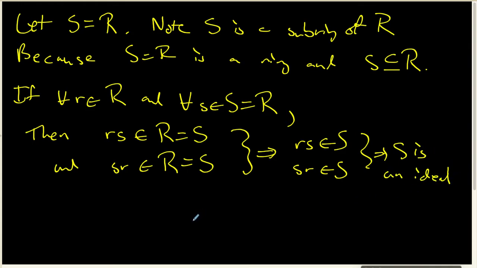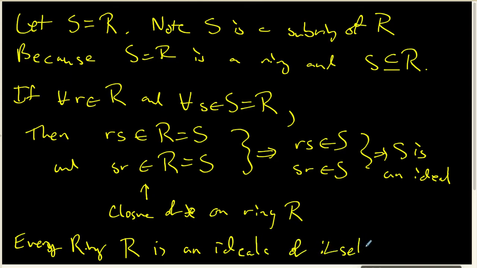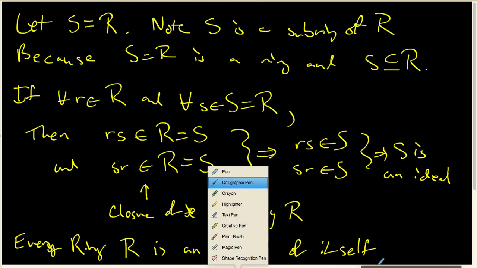This may seem like a silly kind of an example. It is worth pointing out that what we're using here is closure of times on ring R to make this particular example work. But the upshot is that every ring R is an ideal of itself. So every ring is an ideal of itself.